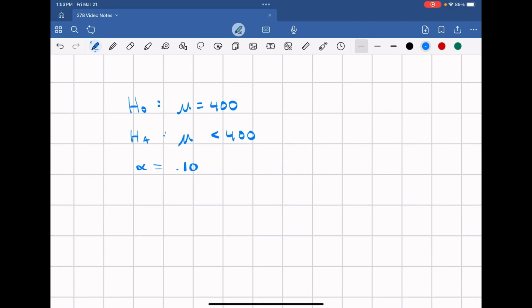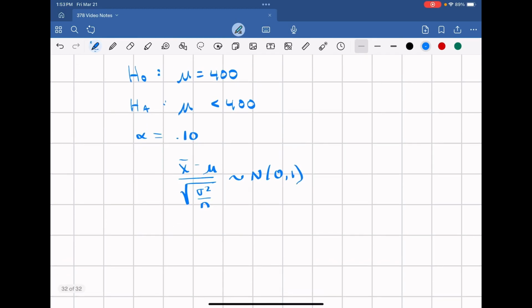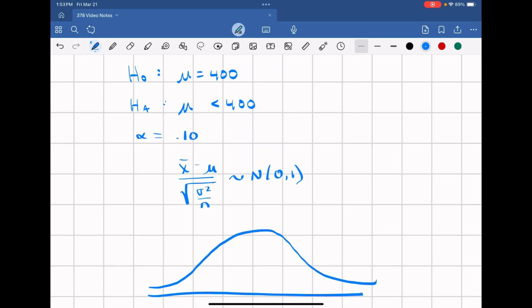Now we can use the same thing we just used, X bar minus mu over the square root of sigma squared over n. Because we know sigma squared, this is distributed as a standard normal, a normal with 0, 1. This is the same thing we had with our confidence interval.